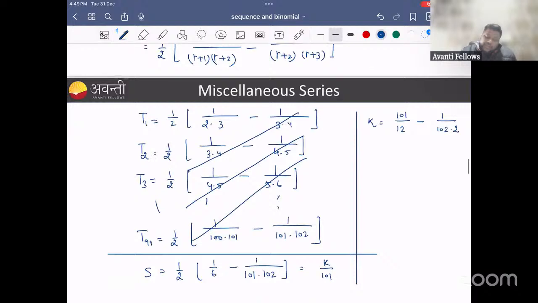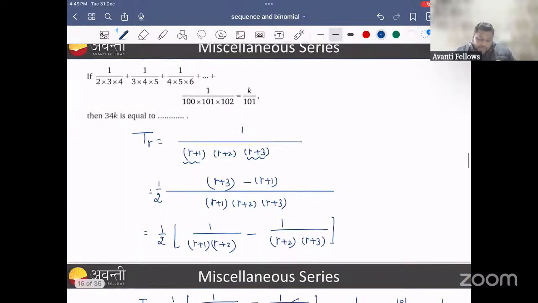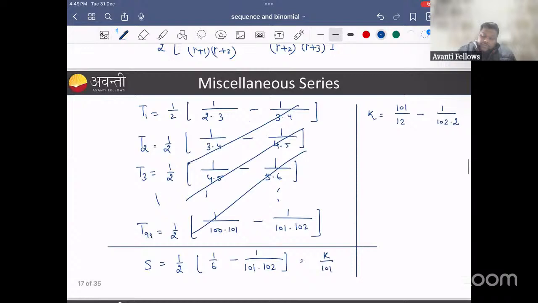Then further they are asking for 34k. So 34k will be 101 upon 12 minus 1 upon 102 into 2, multiplied by 34. Here also 34, so 34, 3. This will be 6, this will be 17.